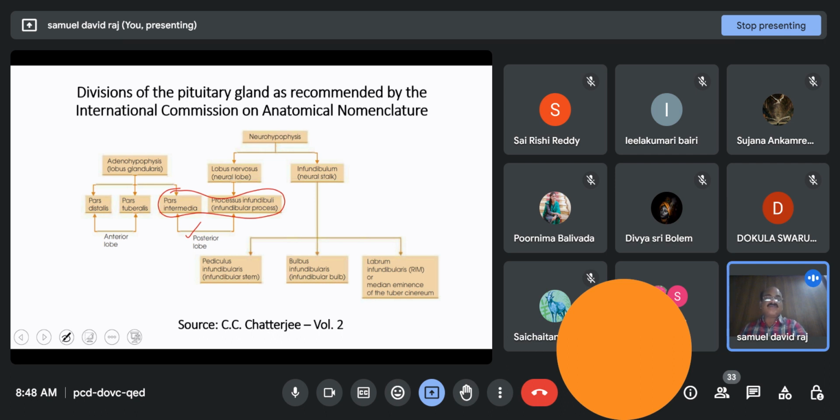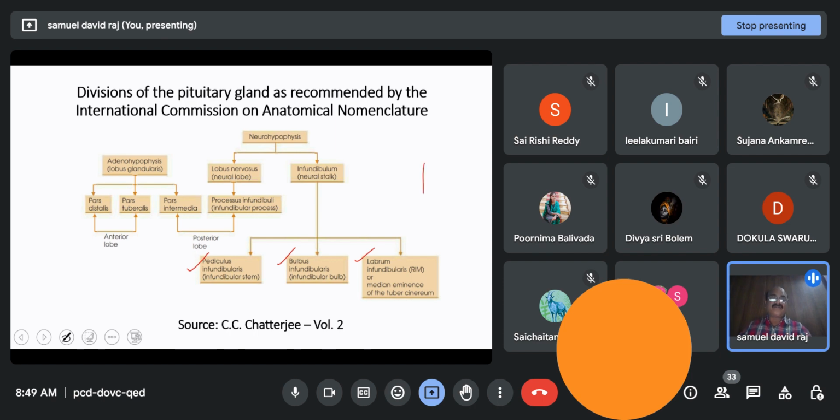So the division we say, anterior lobe, anterior pituitary and posterior pituitary, is different from the actual divisions recommended by the International Commission. And the infundibulum in turn has three parts: pedicellus infundibularis, bulbus infundibularis, labrum infundibularis.